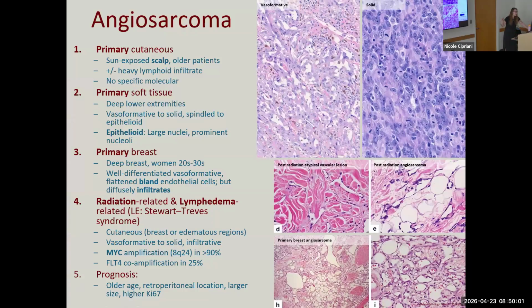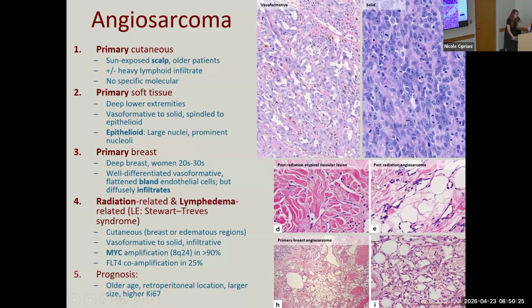Okay, types of angiosarcoma, right? We have the primary cutaneous, sun-exposed scalp of older patients, highly infiltrative, no specific molecular findings aside from an ultraviolet signature. Deep soft tissue angiosarcoma, usually solid or vasoformative and high-grade and epithelioid. Primary breast angiosarcoma, deep in the breast, young women, very bland.